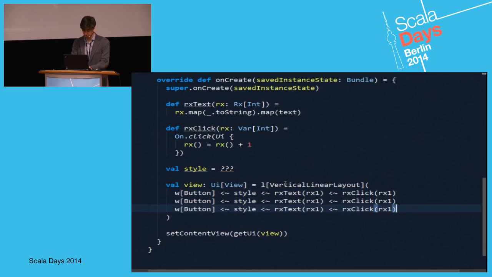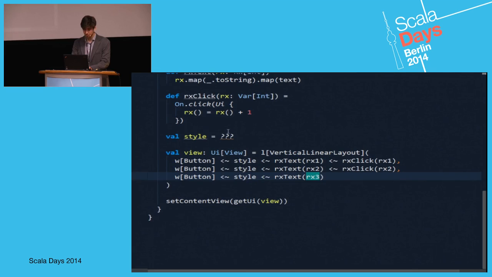Yeah, and now we just duplicate that. This one actually doesn't have any click handlers. This should be 2. This should be 2 as well, and this should be 3.